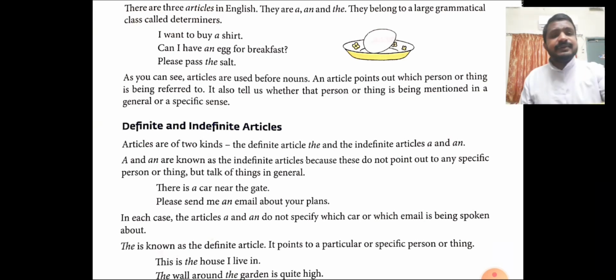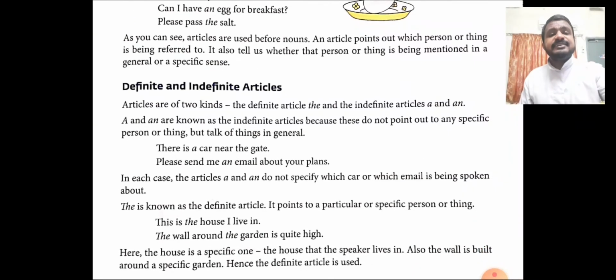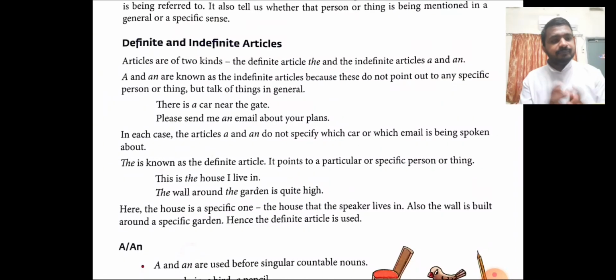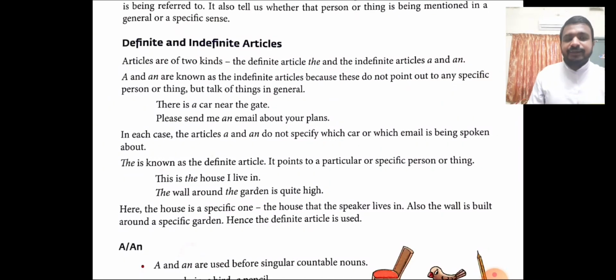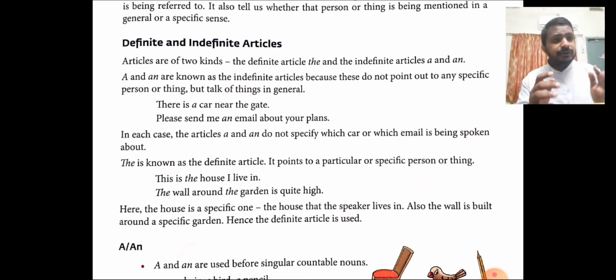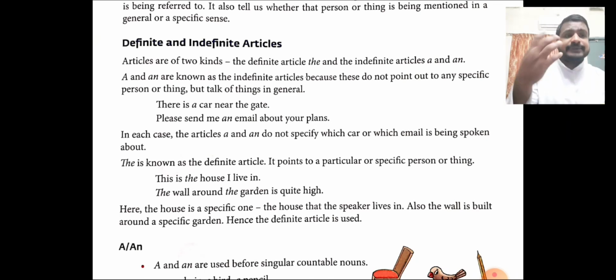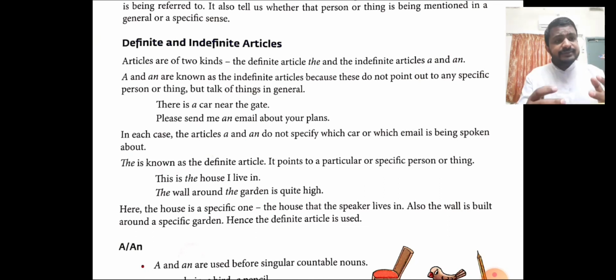But look at the next example. This is the house I live in. This is the house I live in. Now I am mentioning a house, standing in front of the house, telling that this is the house I live in. Now, I can give one more example that is not in your textbook. Here is a child, or here is the child.